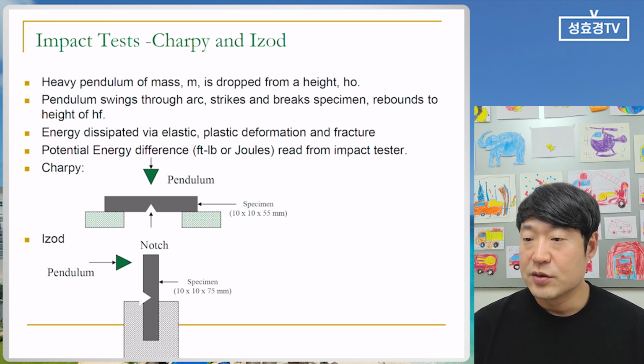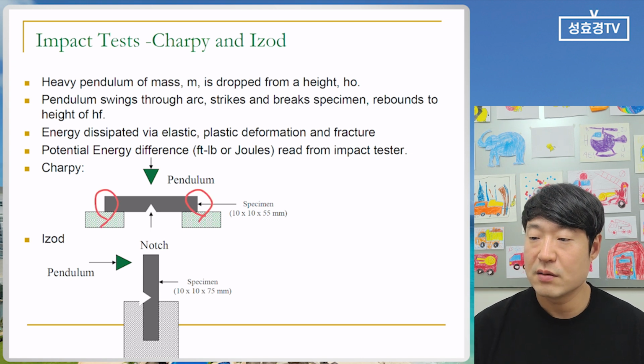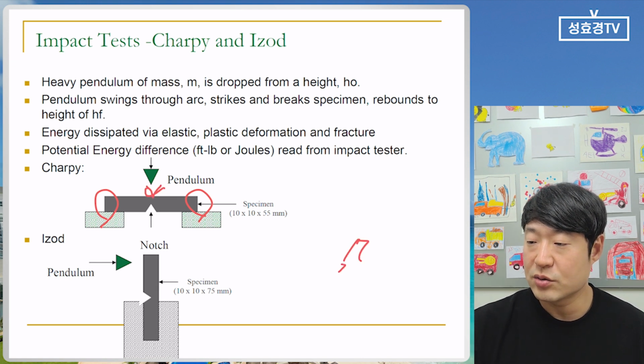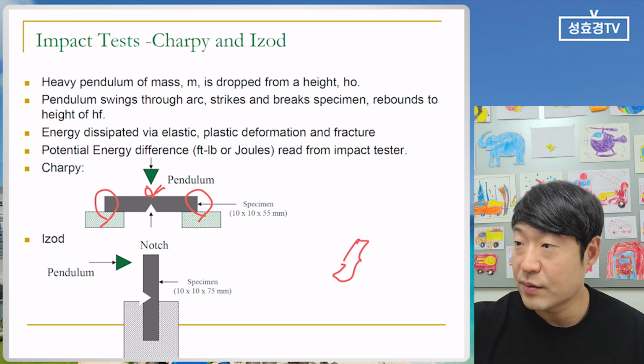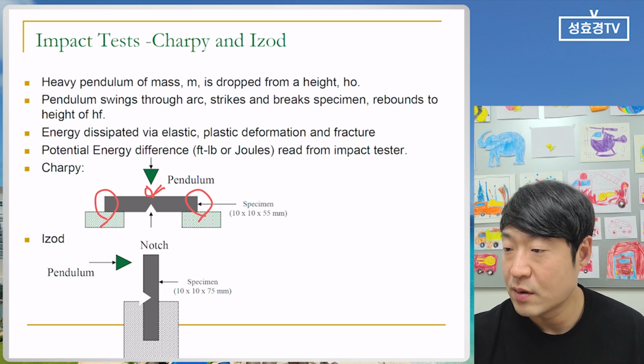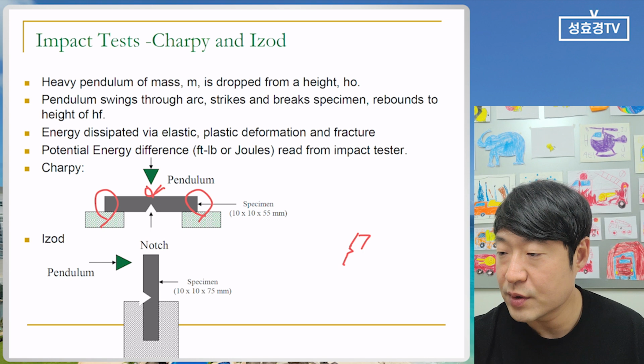So Charpy and Izod are a little bit different. In the Charpy impact test, these two parts are fixed. As I just drew the picture for you, the back area is hit by the hammer. So maybe I will draw the pictures like this.